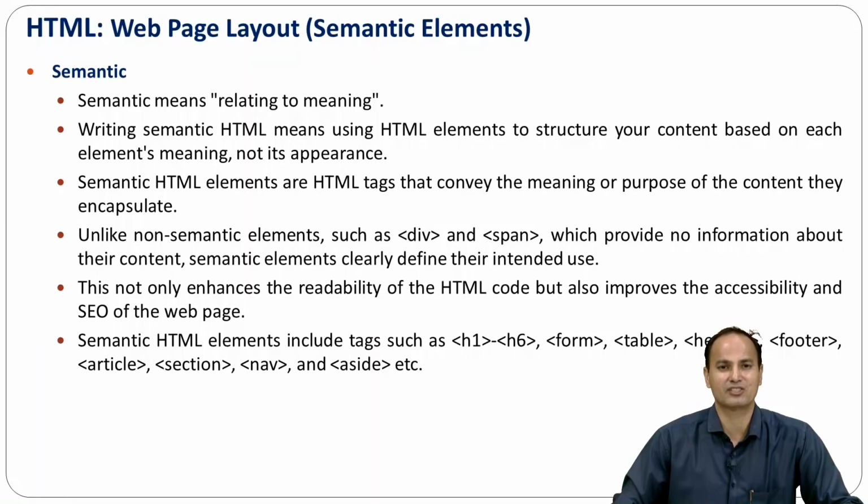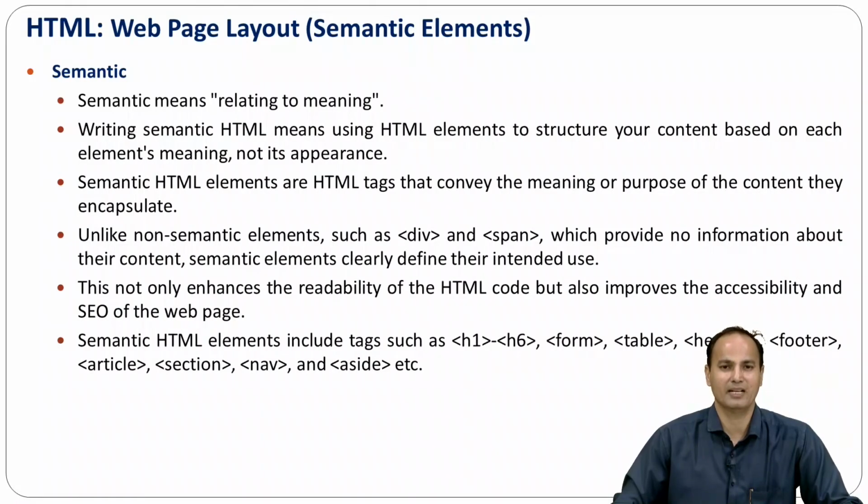Writing semantic HTML means using HTML elements to structure your content based on each element's meaning, not its appearance. Here the appearance is not important, but the meaning is very important. Semantic HTML elements are HTML tags that convey the meaning or purpose of the content they encapsulate.